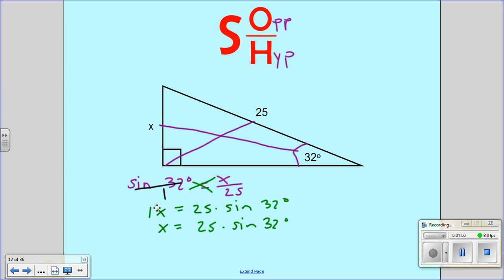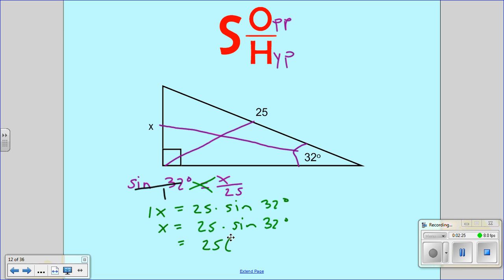So then you can grab any scientific calculator, even from the dollar store or on your computer like I'm about to use. Just make sure it's in degree mode. First, on most scientific calculators, you'd have to find the sine of 32 degrees and then multiply it with 25. But if you're using the TI-83 or beyond, you can type it 25 times sine 32 in your calculator all in one stage.